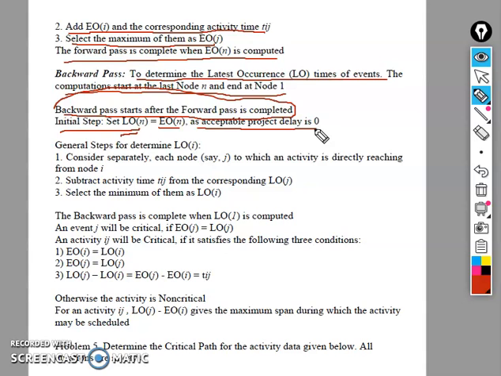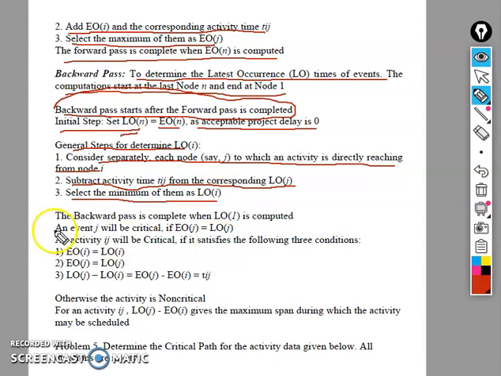General step to determine the LO: consider separately each node, say I, from which an activity is directly reaching node J, from the endpoint node, and subtract the activity time tij from the corresponding latest occurrence of J. Select the minimum of them as LO of I, meaning among all possible paths, the one with the least time duration will be its latest occurrence.